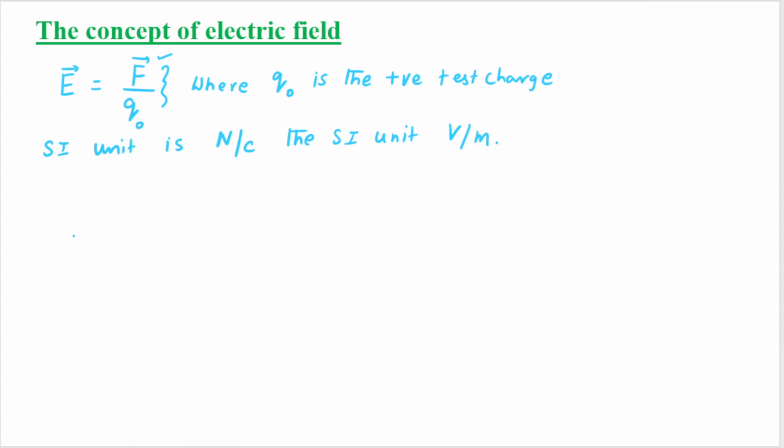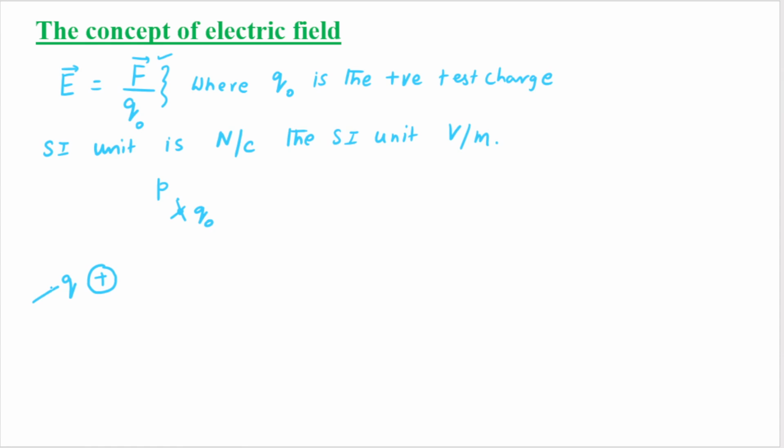Let me expand this concept a bit more. So consider a positive charge Q, and we are interested in calculating what is the electric field at any point P. Now, to get the direction of the electric field, we will place a test charge Q0 at the point P where we are interested in calculating the electric field.